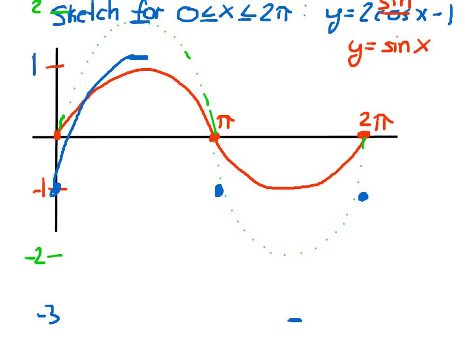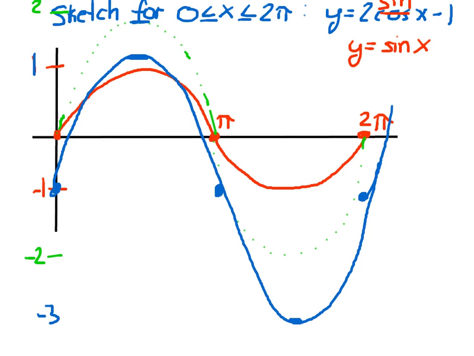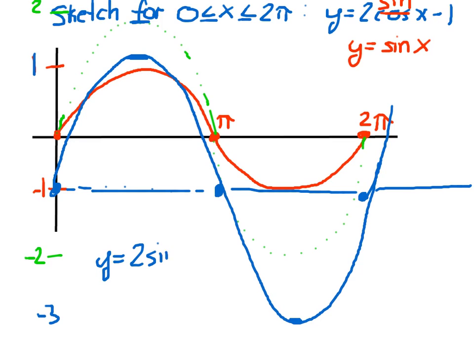I can go up, down, hit the minimum, back up, and then I'm crossing the x-axis again. So notice that my primary axis has really been shifted down 1 as well. And this is my new curve, y equals 2 sine of x minus 1.